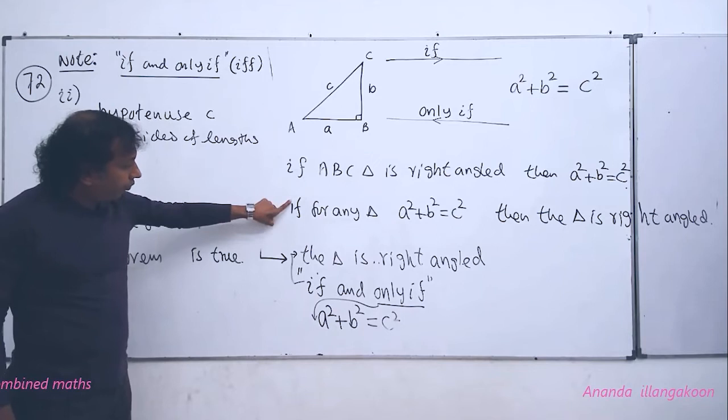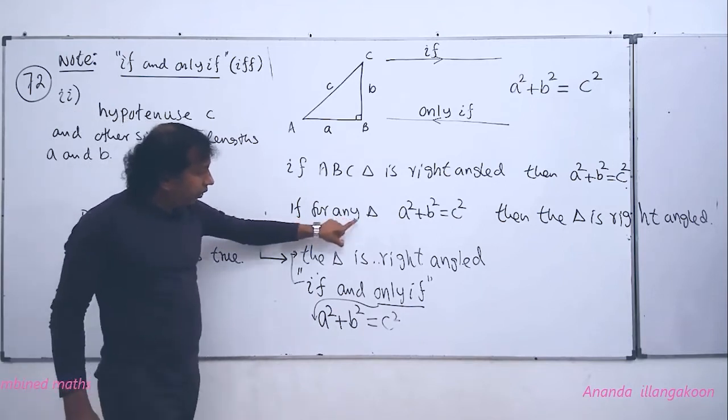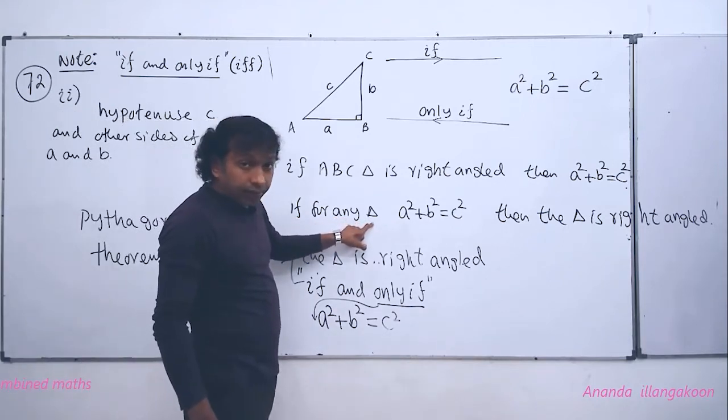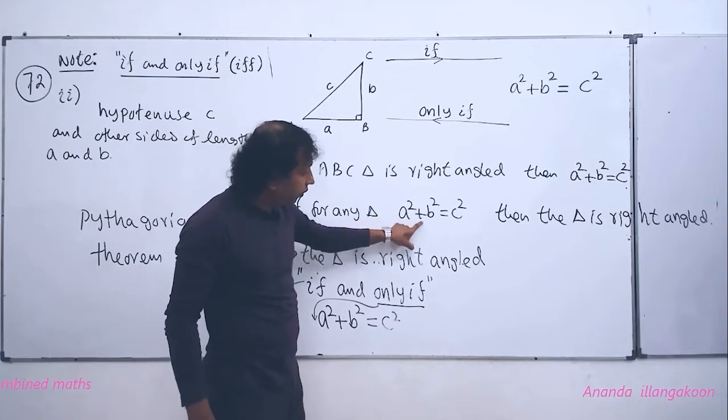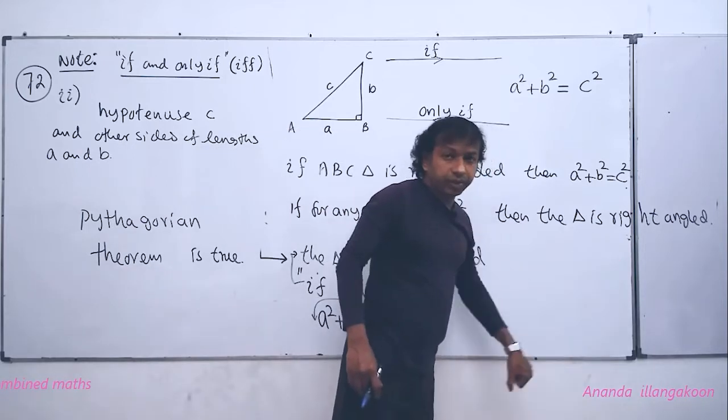The only if part: only if for any triangle this becomes true, then the triangle is right angled.